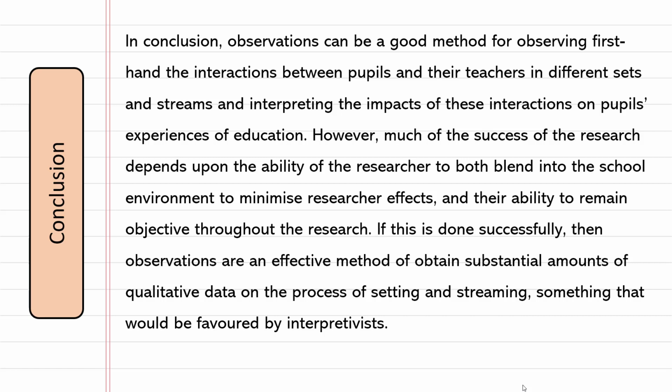We could have maybe mentioned setting and streaming a bit more, and we could have mentioned how it would help us to observe those. There's a little bit in there where we talk about the interactions between pupils and their teachers. So I'd see it as being a band 4, but overall I would look at this essay as being a strong kind of 15 or 16 out of 20. There's bits and pieces that we can improve on. We can always improve on our essays.